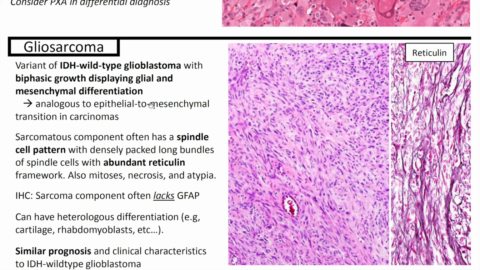Also, there's going to be mitoses, necrosis, and atypia. On IHC, the sarcomatous components often lack GFAP, and they can have heterologous differentiation. So gliosarcomas have a similar prognosis and clinical characteristics to IDH wild type glioblastoma.